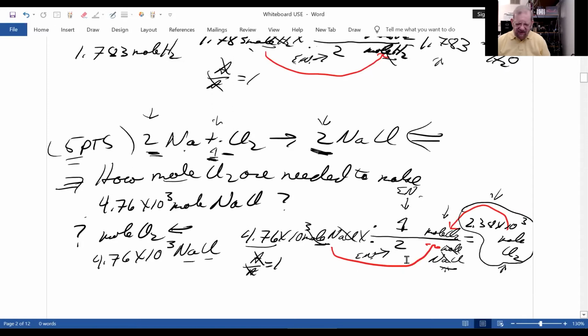Whatever I'm trying to get rid of, the units go below. And where do I get these numbers? From the balanced chemical equation, which is given up here. 2 moles of sodium react with 1 mole of chlorine to make 2 moles of sodium chloride. 1 mole of chlorine makes 2 moles of sodium chloride. And that's how you do it.